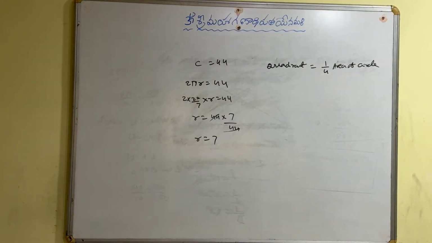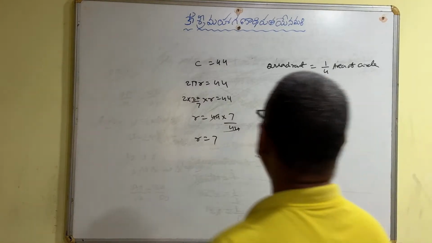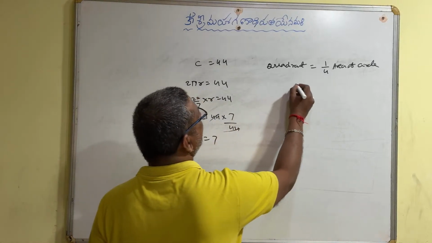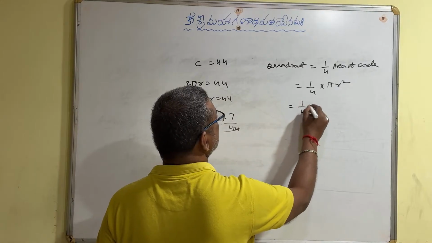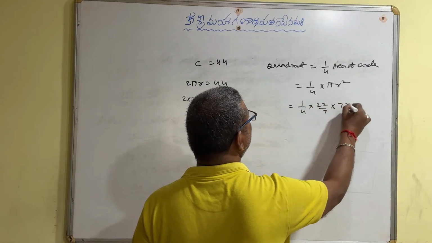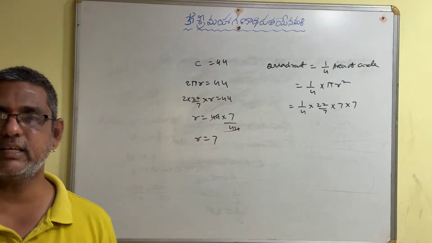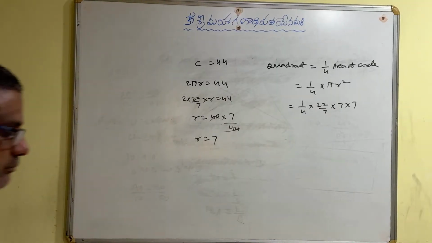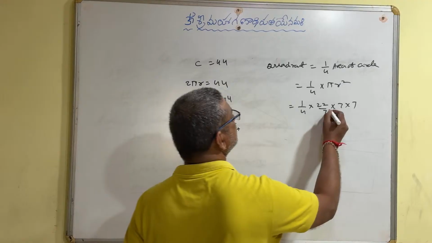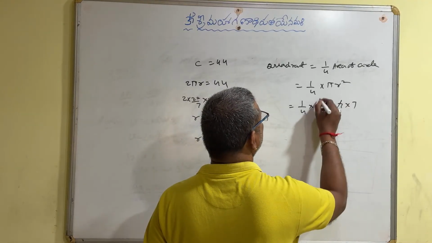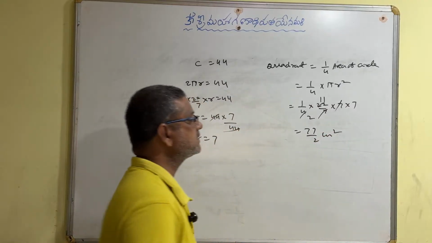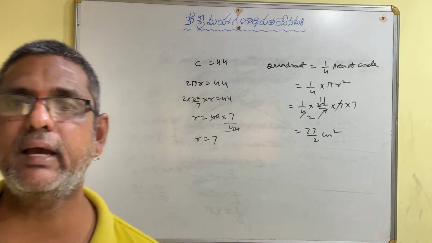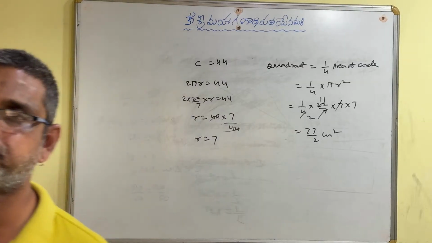So now, area of quadrant is 1/4 of pi r square, which is 1/4 into 22 by 7 into 7 into 7. The radius we got is 7. So 7, 7 get cancelled. 77 by 2 centimeter square is the area of the quadrant of the circle.